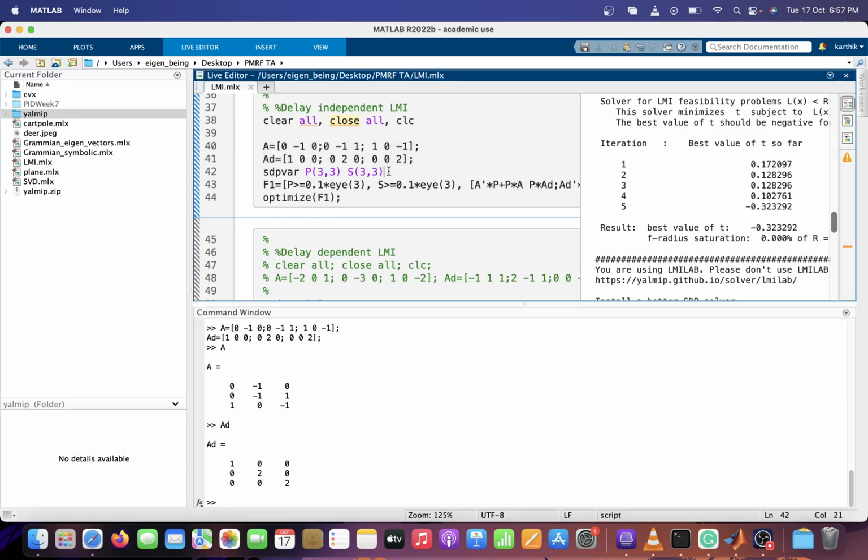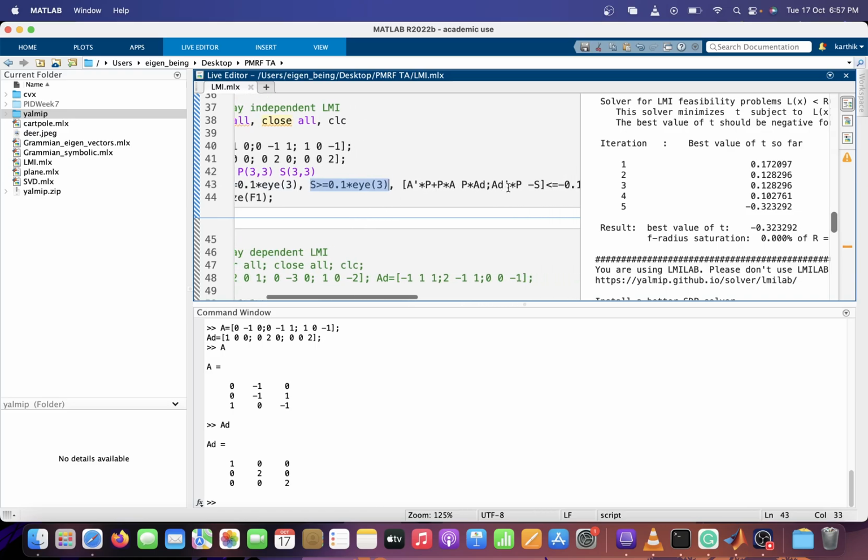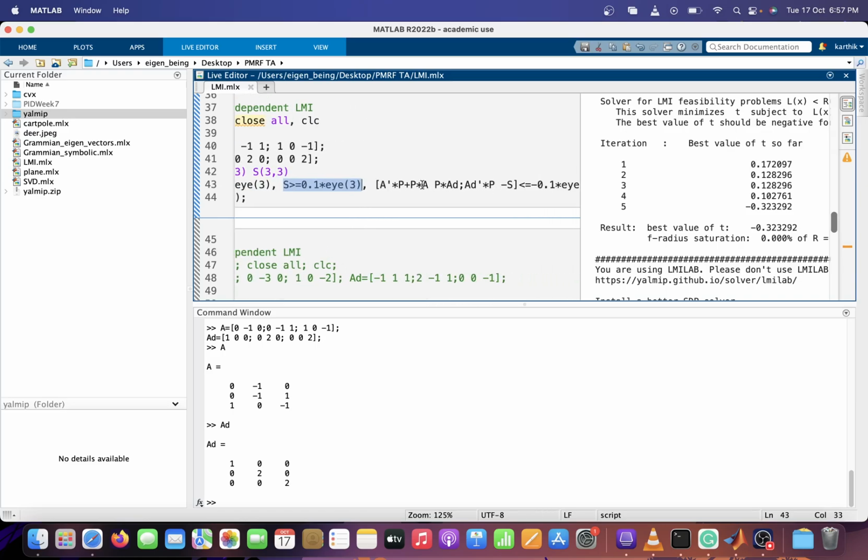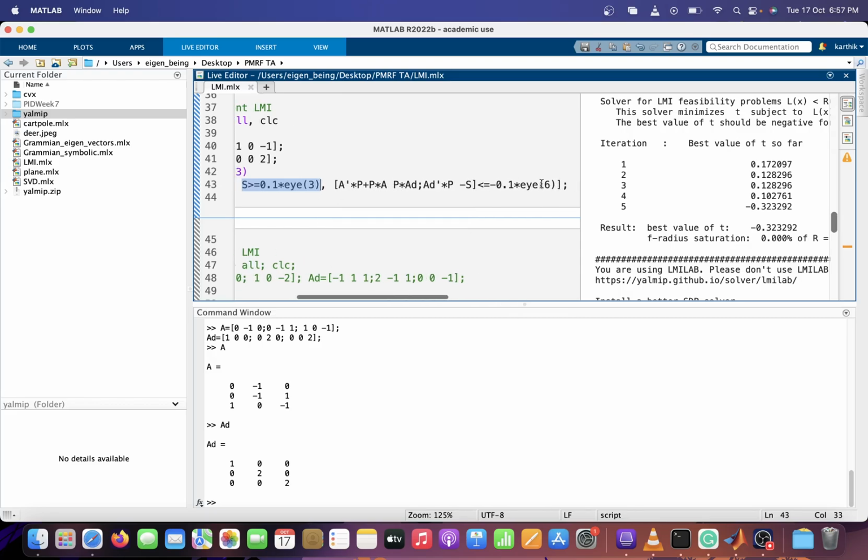Now I declare P and S as the variables for my optimization, P to be positive definite, S to be positive definite, and I have given the condition that A transpose P plus PA, PAD, AD transpose P, and minus S to be negative definite. You have to make sure you give this value correct, because now it's a block matrix which is 6 cross 6.